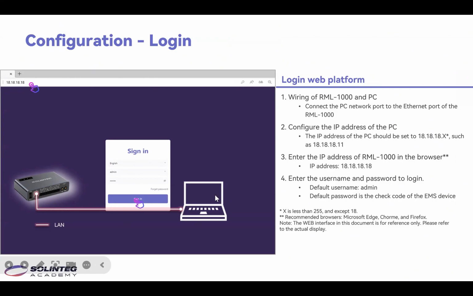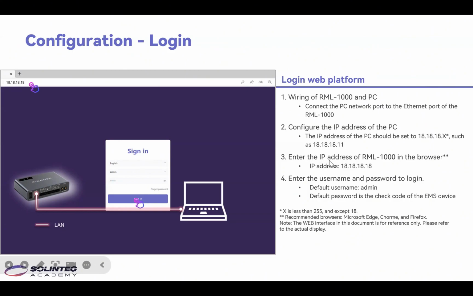The PC's address can be set to 18.18.18.x. The x can be any number from 0 to 255, except 18, because 18 is occupied by the data logger. You can set it like 11.